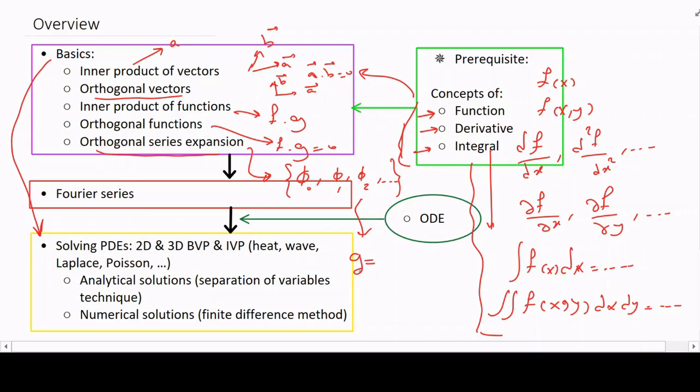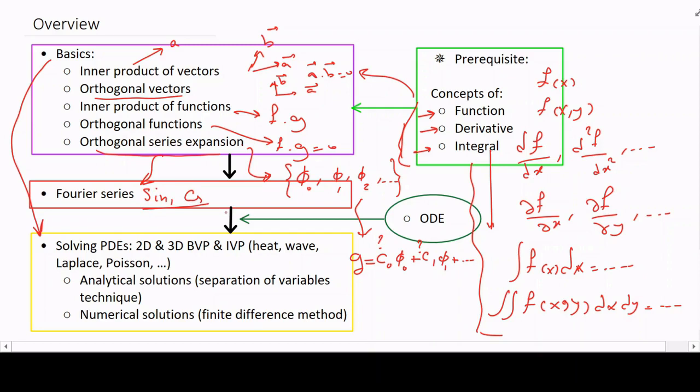So for example, I can write g as c0 phi 0 plus c1 phi 1, and so on. And our job is just to specify these unknown coefficients, c0, c1, c2, etc. And it turns out that Fourier series is just one specific example of these orthogonal series expansions, wherein we use sine and cosine functions.